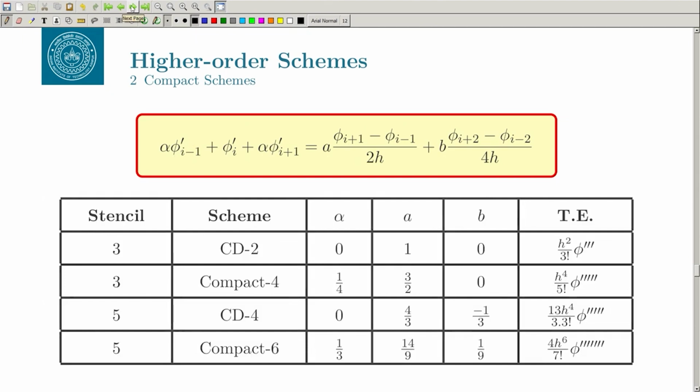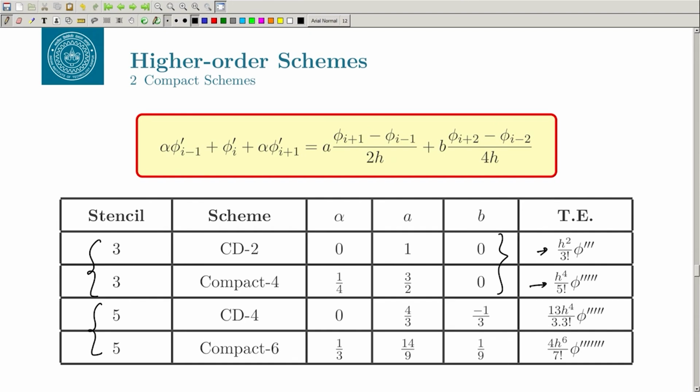So, this is just a comparison. These two are 3 point stencils and these are 5 point stencils, okay. And these are the coefficients that we have got for alpha, a and b, okay. We have discussed earlier and you can see this is the trailing edge error. For the CD2 you have h square and for the compact you have h4, right.